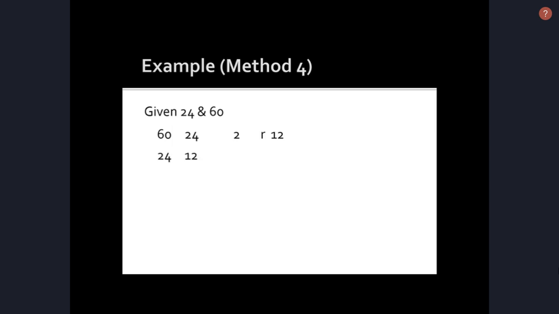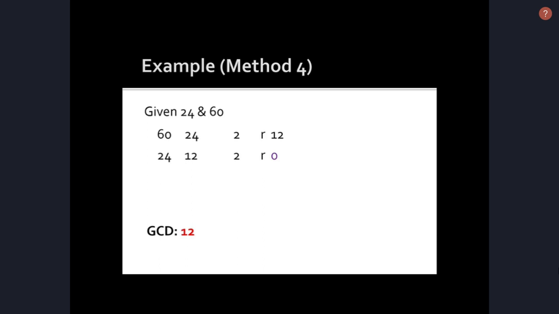Repeat until you get a remainder of 0. The GCD is the smaller number from the previous equation before you came up with the remainder of 0, which is 12. Therefore, the GCD is 12.